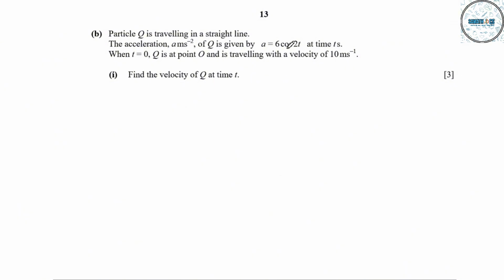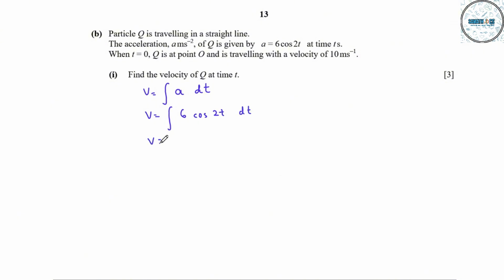Acceleration is given 6 cos 2t. We can find out velocity by integrating this acceleration. V is equal to integral of a dt with respect to time. So velocity is equal to integral of 6 cos 2t dt.